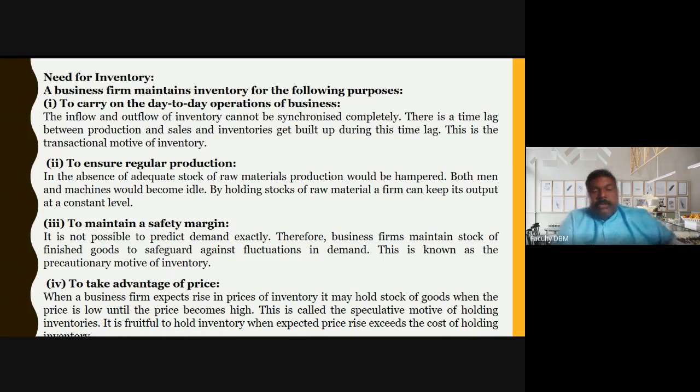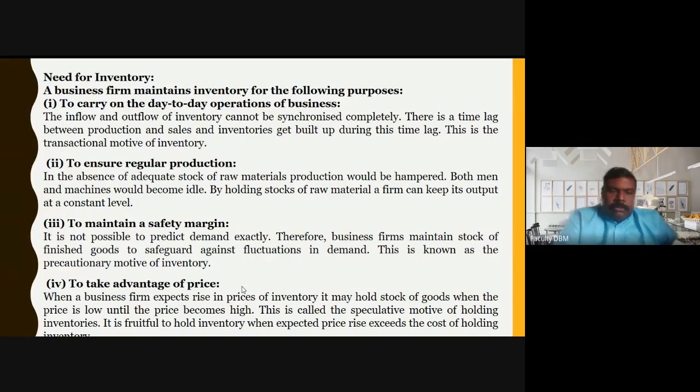But to take advantage of price, these people will be doing, that is the need of inventory, means the need of storing. This last one is a negative aspect, but all the three others, like to carry out the day-to-day operations, we need to invent, and to ensure the regular production, we need to store the products. To maintain the safety margin, compulsorily we need to hold some stock.